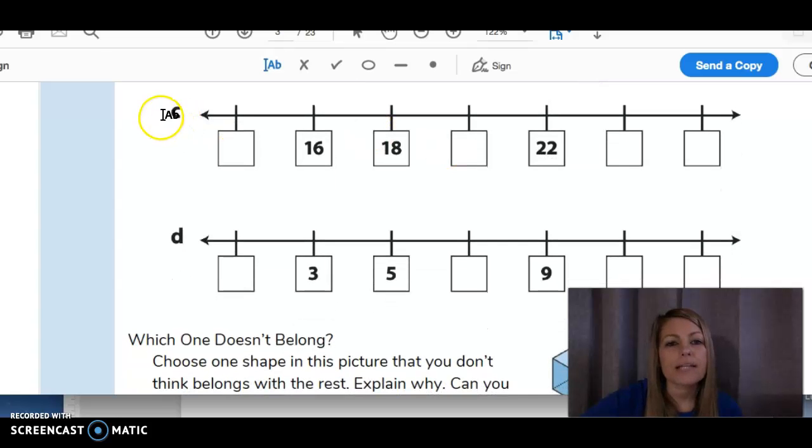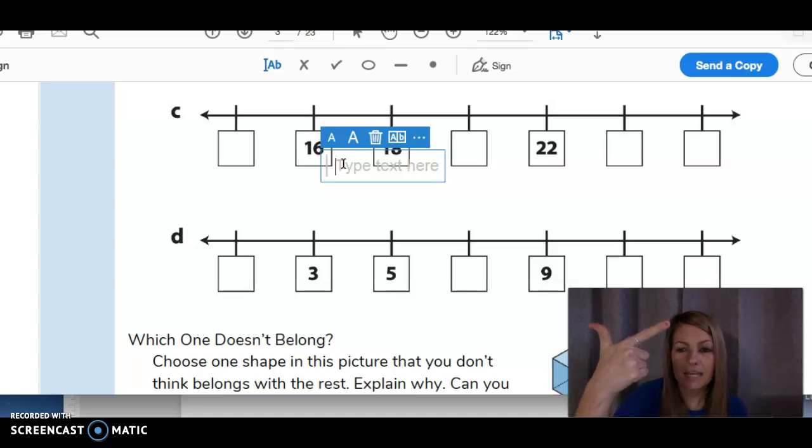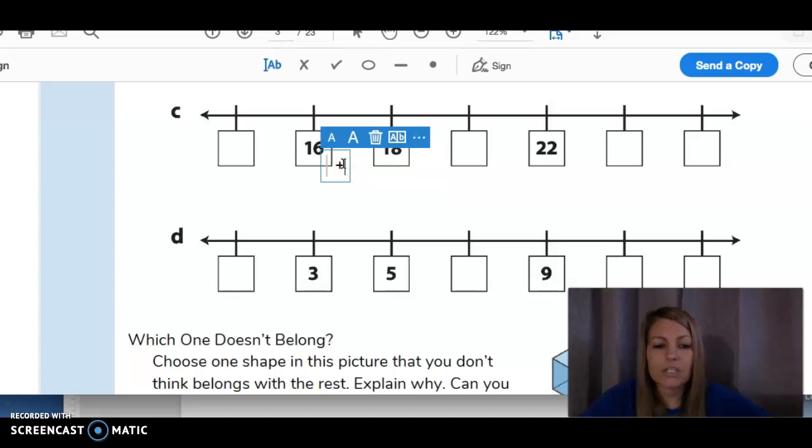Let's go to number line C. Let's skip to the numbers that are closest to each other, 16 and 18. Let's see how far apart 16 and 18 are. I'm going to start with 16 and count up until I get to 18. 16, 17, 18, plus 2.